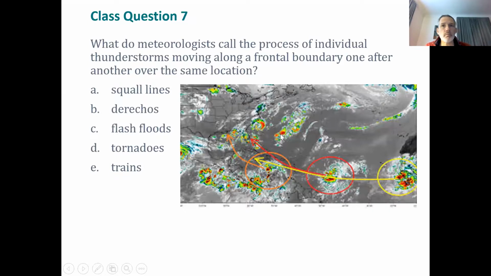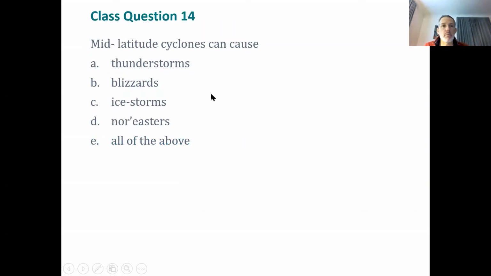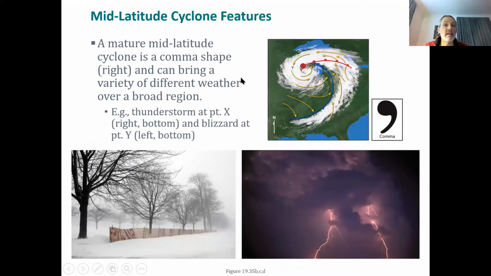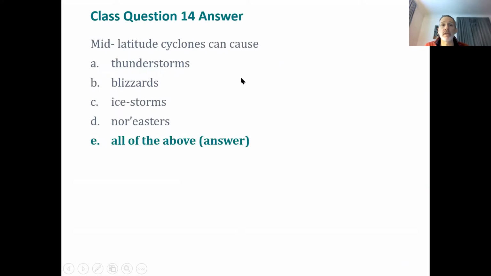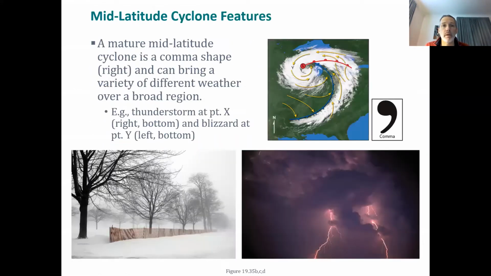Now, when we start looking at weather patterns, these mid-latitude cyclones are many times directed by what's happening up in the upper air, and that's the jet stream. And so if we have a hook in the jet stream, it can actually deflect and move these mid-latitude cyclones across the United States.